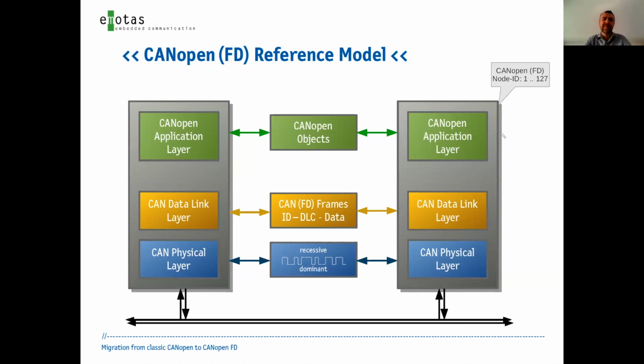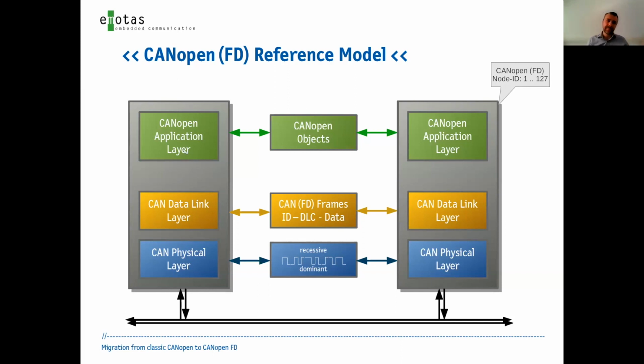Of course, these CANopen objects might be longer than the 8 bytes or 64 bytes of the classical CAN or CAN FD frames. So CANopen and CANopenFD define rules how to transmit these CANopen objects on classical CAN and CAN FD frames.